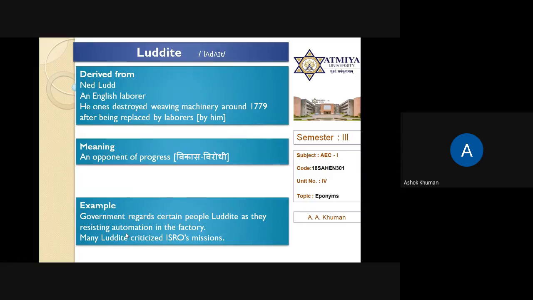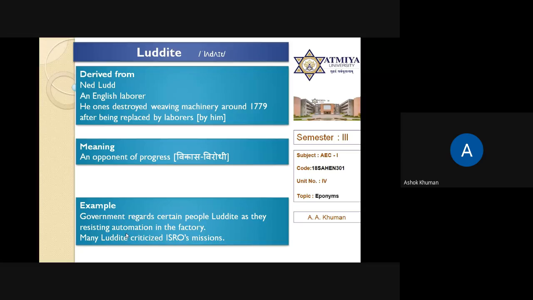He was against this invention of the machine. He was against the revolution, the progress in the factory. And therefore, with anger, he destroyed a weaving machine.